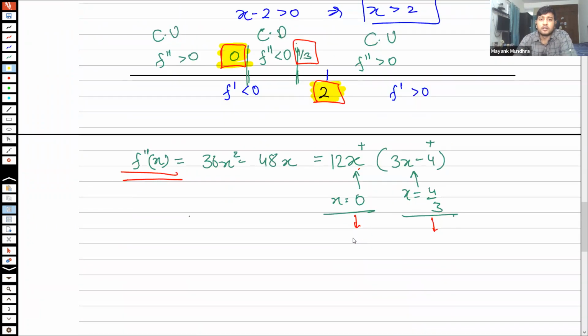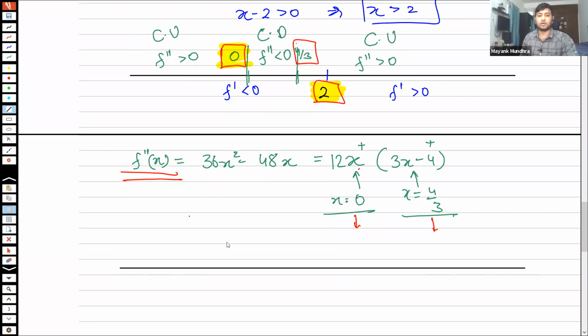Okay. All right. So let me neatly write down all the summary that we have till now on one new line. So the points that I have in question are 0, 4/3, and 2, wherein 0 and 2 are my f prime 0 points.